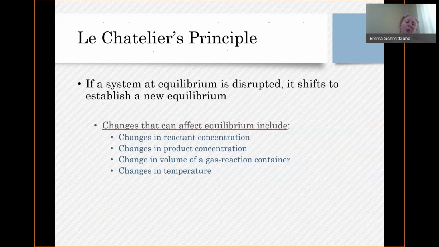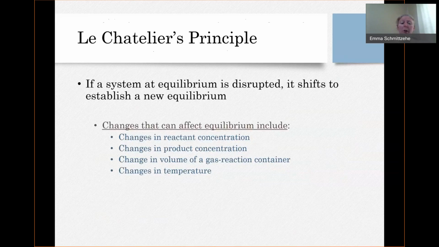Another thing, if you had a gas phase reaction, then changes in volume can affect it. We're not going to go into those specifics since we're not really talking about specifics of gases. But that would impact gas phase reactions. It won't affect others.